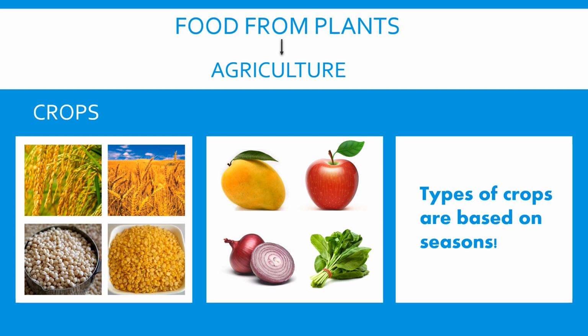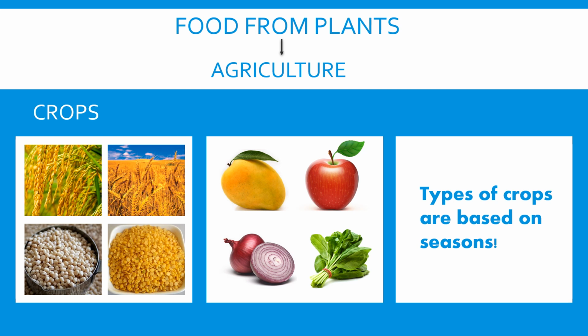We have rice in the first picture, and after rice, on the right side, we have wheat, and downside there are pulses. Examples are urad, arhar and mung bean. So the bottom two are the examples of pulses.